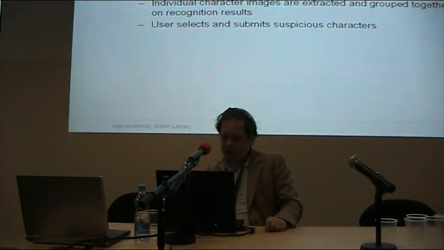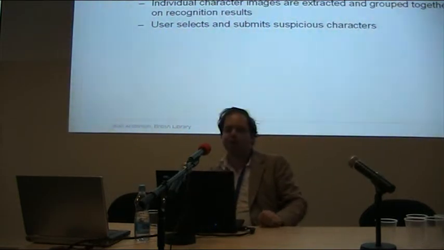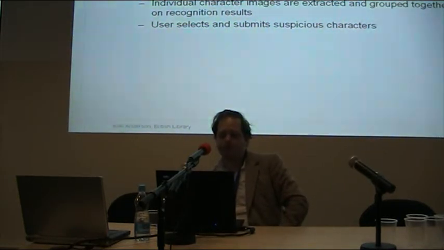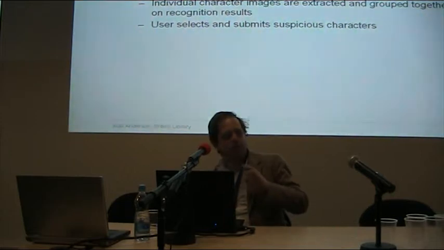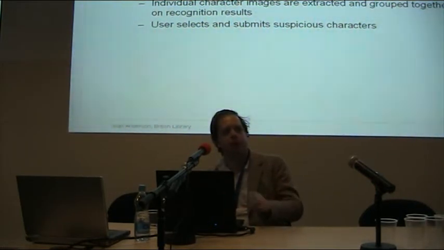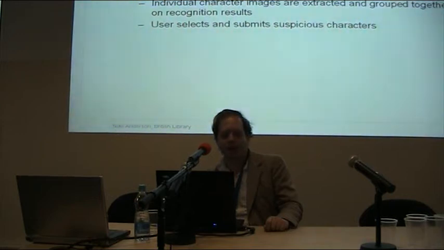I may skip the next 3 slides actually, and just go straight to the demonstration. But before we go, just so we get a start on this, in the character session, because when you upload a book, certain things happen invisibly. You don't see them happening. As soon as you upload a book into the system, it's OCR'd for you, and you don't have to press a button for it to be OCR'd.